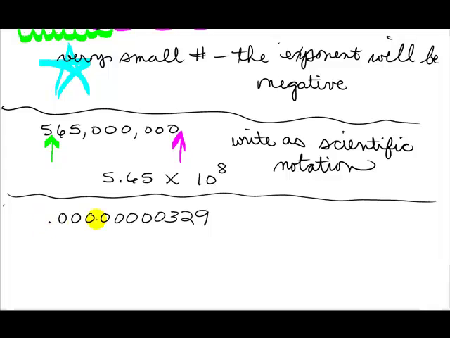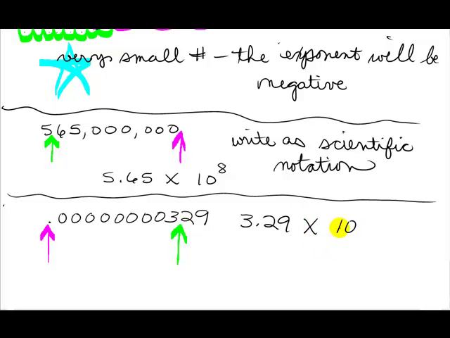Now this is a very small number. So our exponent's going to be negative when we get done here. So here's our old decimal. Here's where my new decimal needs to go because I can only have one digit in front. So I've got 3.29 times 10.